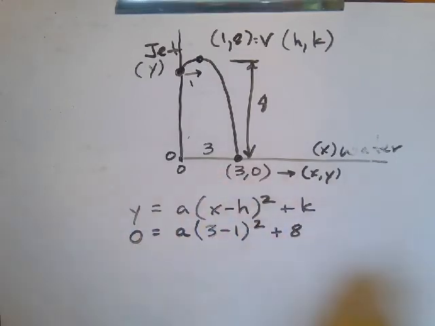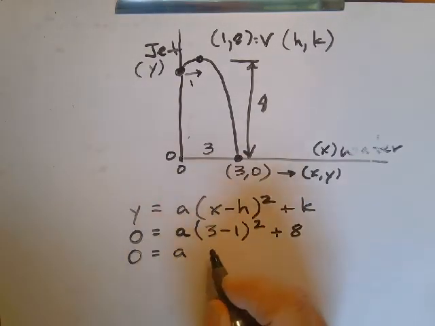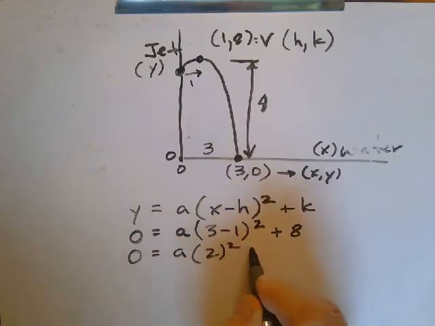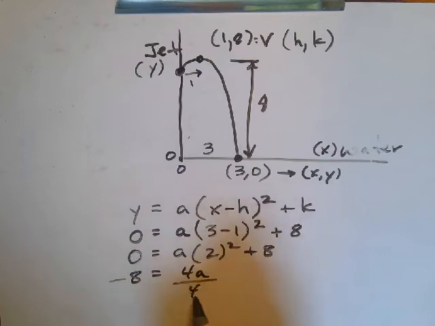So all those values are plugged in there now. At this point, you can finish it, but we're going to go ahead and finish it with you here. So this is 2 squared. Let's subtract 8 from both sides here now. And we've got 4a. And now dividing both sides by 4, we see that a is negative 2.